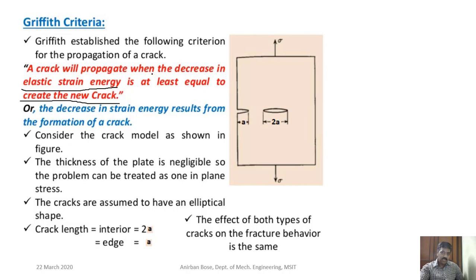Now let us try to understand this first. If you consider this is a sample under tension, and consider this is a crack of length 2a, and we draw the flow lines from one end to the other, you know that the stress flow lines are continuous lines.